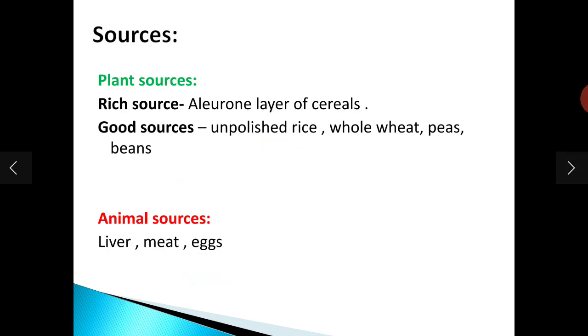Coming to the sources, the plant sources of vitamin B1: the rich sources are the aleurone layer of your cereals, and the other good sources are unpolished rice, whole wheat, peas, beans, etc. And the animal sources are your liver, meat and eggs.